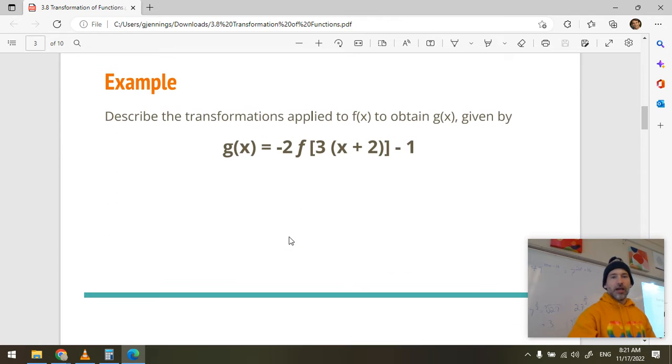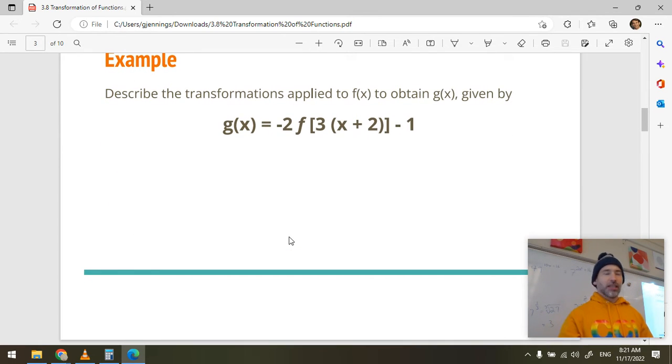So let's take a look. If we had a function like this, g of x is equal to minus 2 f of (3x plus 2) minus 1. Of all those translations, which ones happen first? What would be the first transformations we would do to f of x to get g of x?